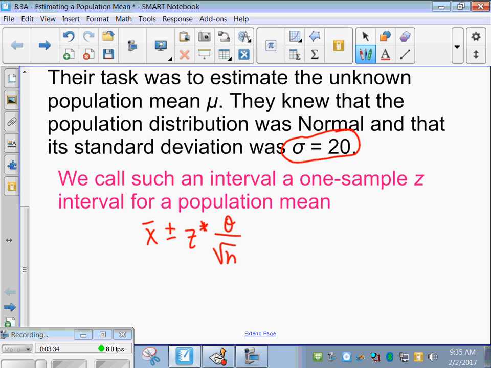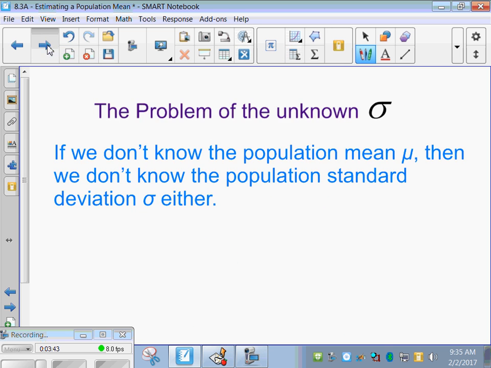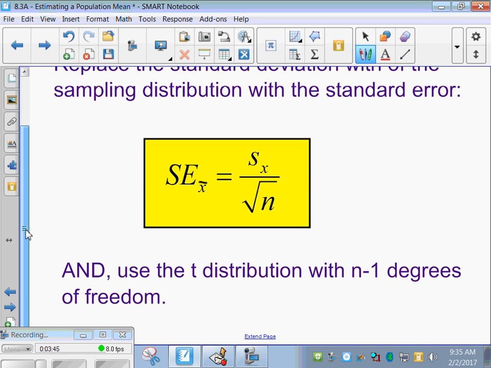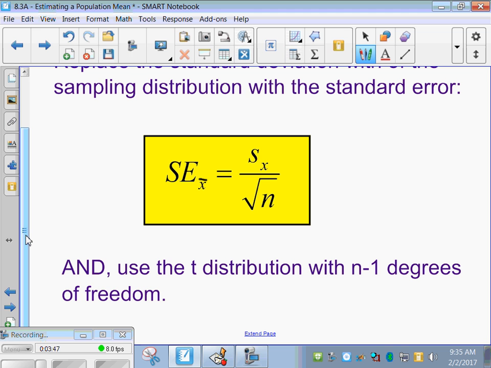So instead of using our population standard deviation, we're going to use our sample standard deviation, right? So this is called the standard error, just like we called it when we did proportions. And instead of the sigma, we use Sx. Okay, what's the Sx mean? It is our sample standard deviation.